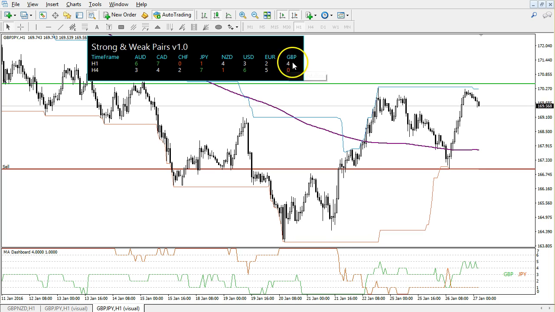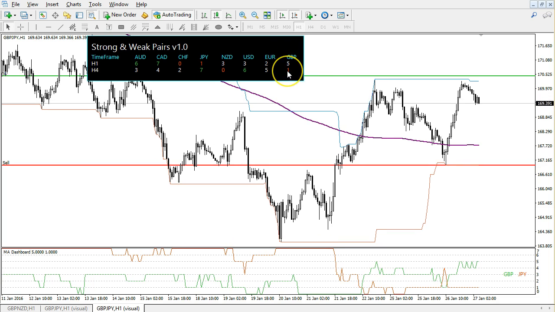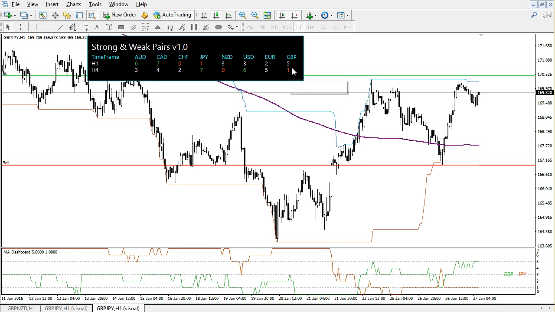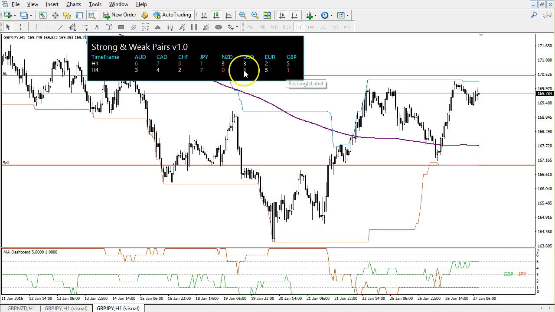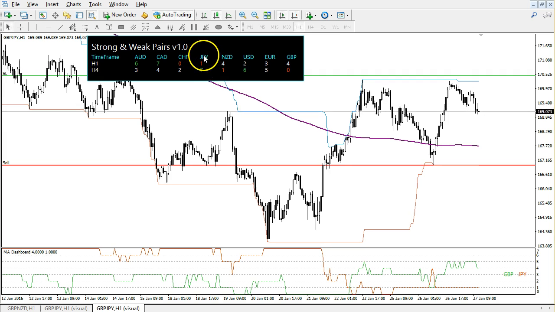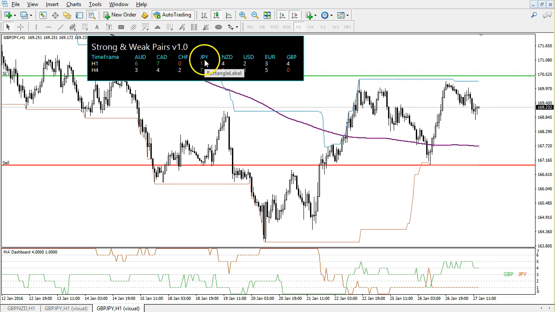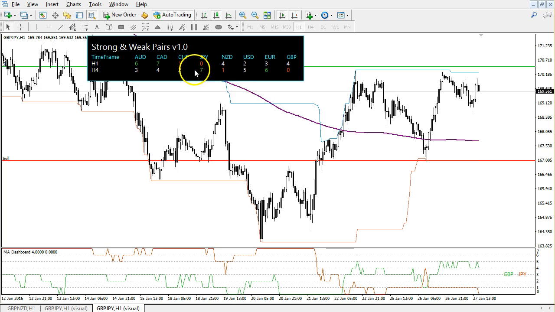The score of the GBP starts increasing again, 5 in the 1 hour and 1 in the 4 hour. GBY starts showing weakness in the 1 hour, but it's still strong in the 4 hour chart.